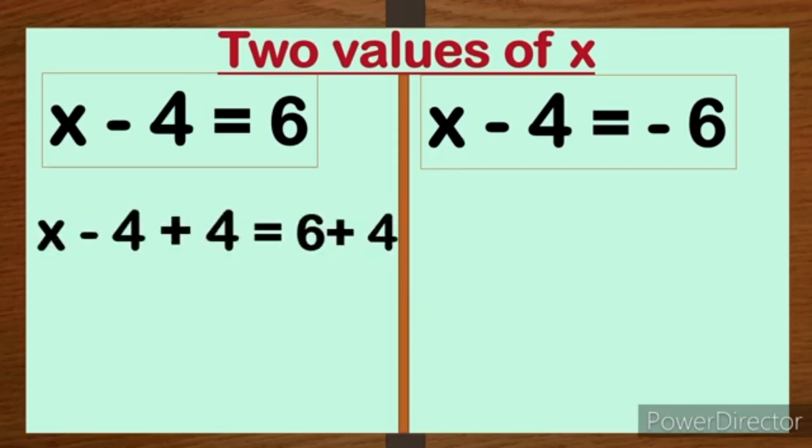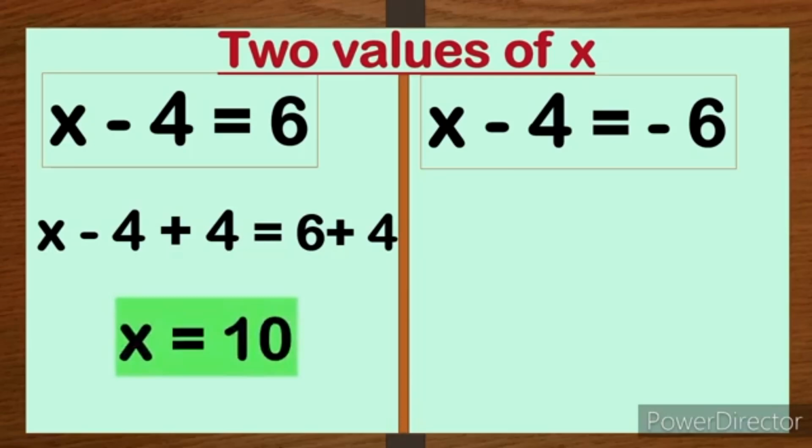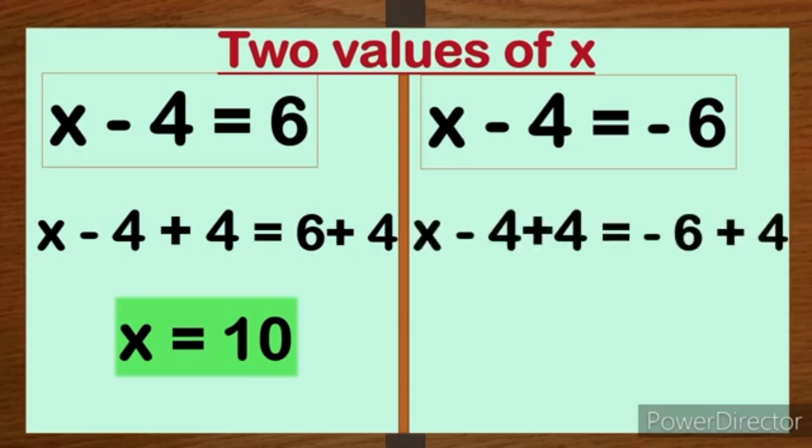For x minus 4 equals 6, we add plus 4 to both sides. Negative 4 plus 4 is 0, and 6 plus 4 equals 10. So we have x is equal to 10. Then we have x minus 4 equals negative 6. Again, we add 4 to both sides. Negative 4 plus 4 is 0, and negative 6 plus 4 is negative 2.